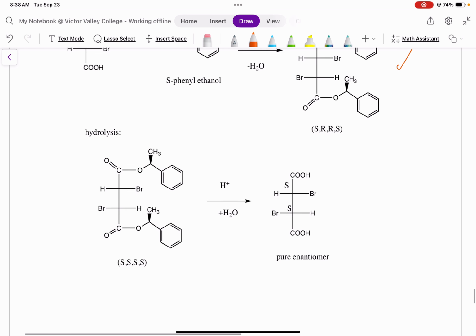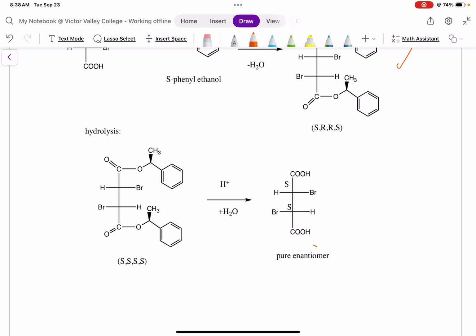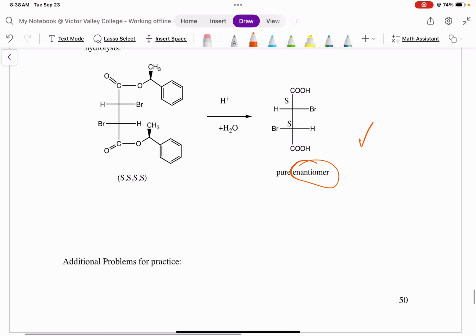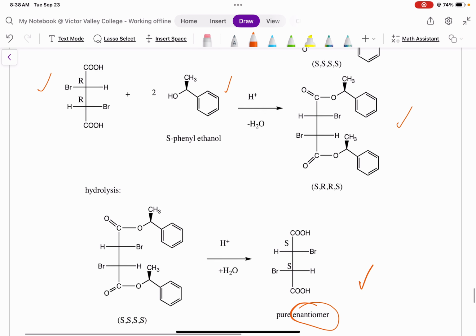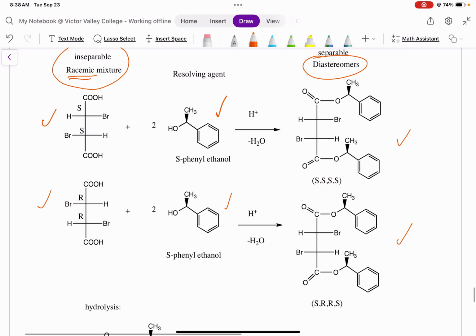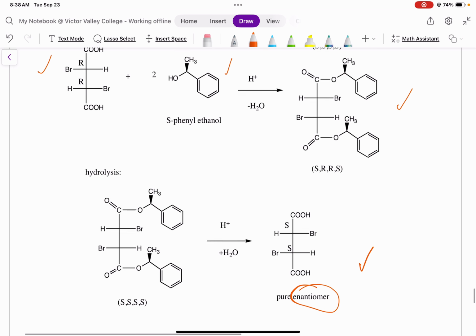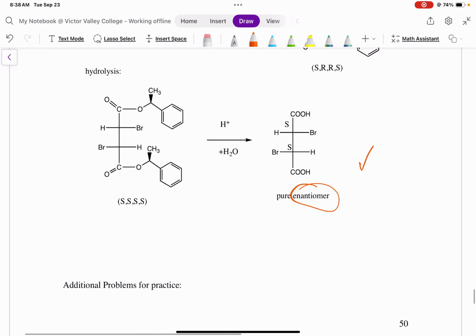And after you separate them, you can turn them back to the original enantiomers individually. Okay, so that's useful. A racemic mixture doesn't show any chirality, optical rotations. The pure enantiomer will show the optical rotations.